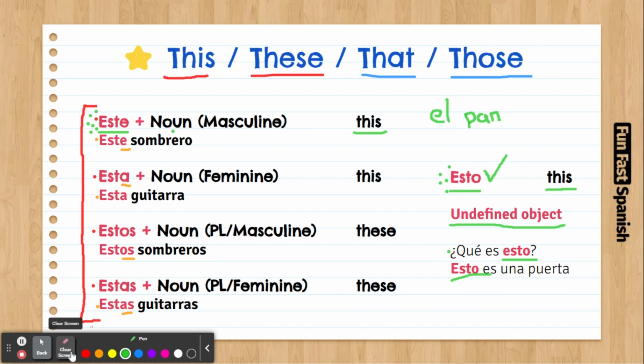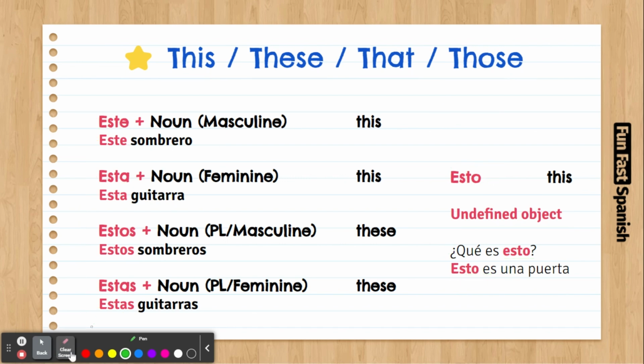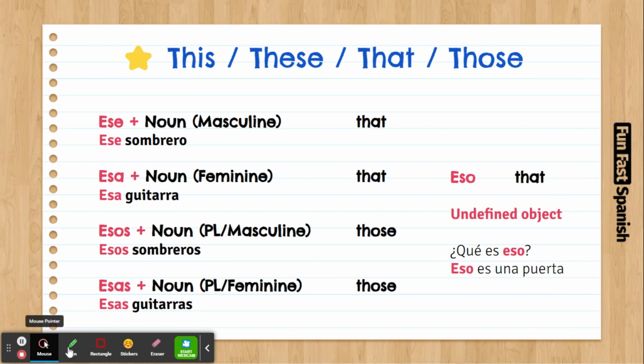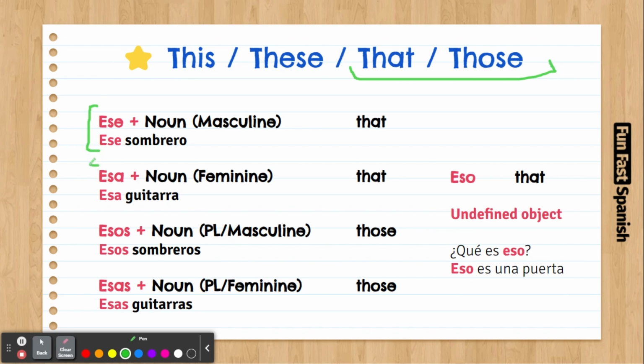Good. So for that and those, let's have a look. For that and those, we have pretty much the same, but without the T. So you have ese, esa, esos, and esas.